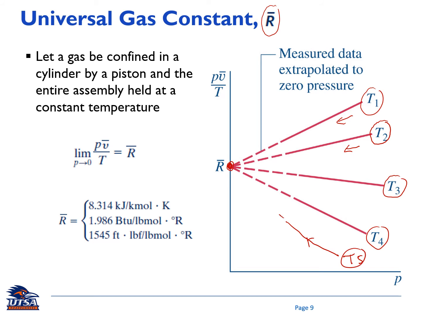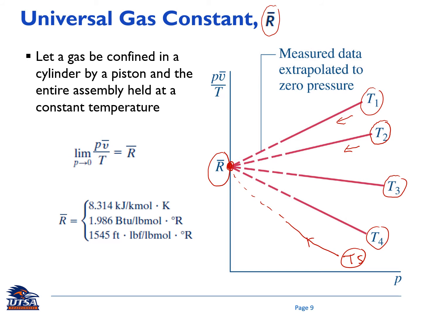Similarly, it will go to this general point, which is called the universal gas constant. It's called universal because this number is the same for any material, for any substance.